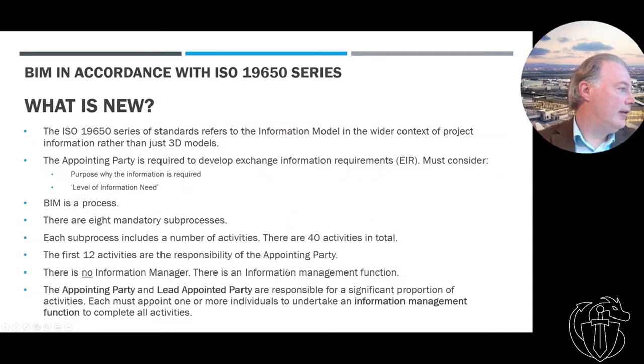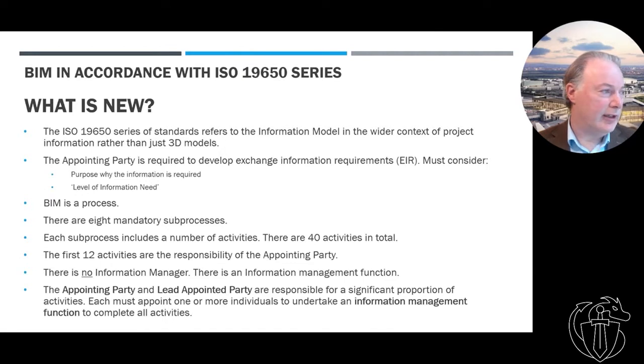Okay, so what's new in 19650? So we've gone through the standards, and these are just a couple of the points that I want to bring to the fore about the differences between 19650 and what was the standard before, which is PAS 1192. Some of the big differences, for me, is it's not just about 3D models, it's actually about information management in the wider context.